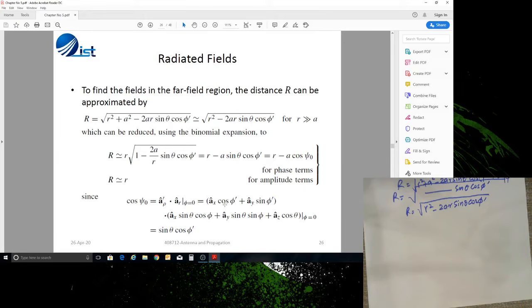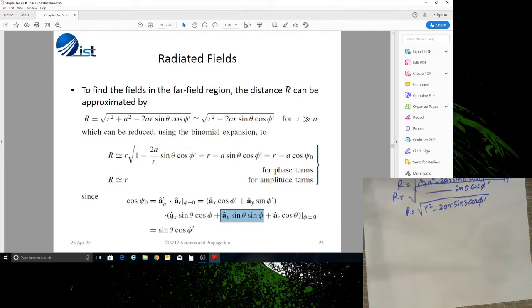So in this case, if we apply the dot product, clearly you can see that when phi is equal to 0, this whole term will vanish because sine 0 is 0, and you have just two components, AX and AZ, and here you have AX and AY. So the only component that will exist will be AX dot AX, because AX and AZ are orthogonal, and AY and AX are also orthogonal.